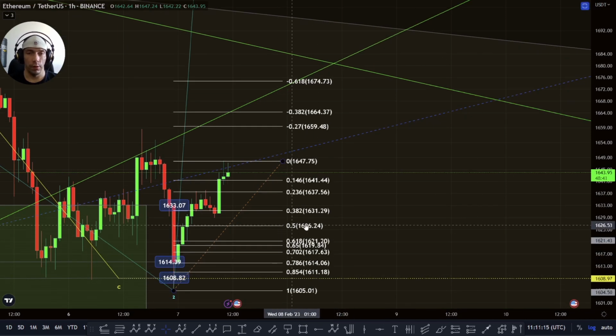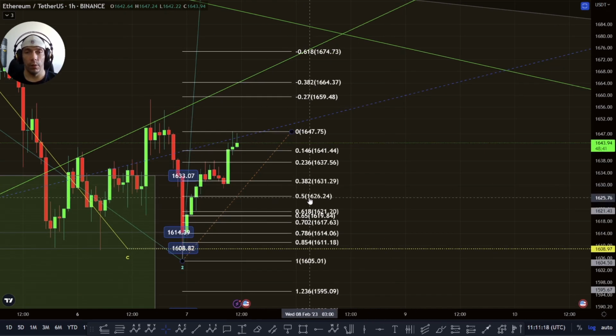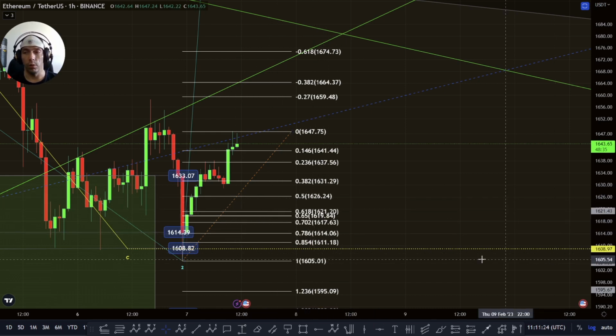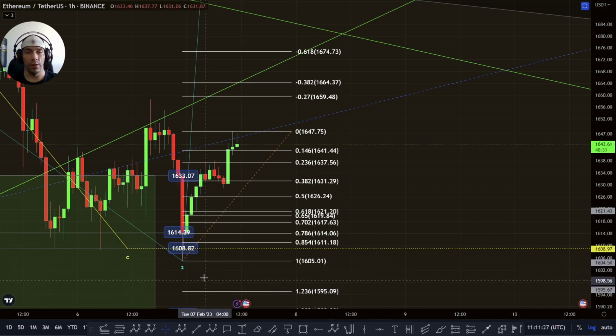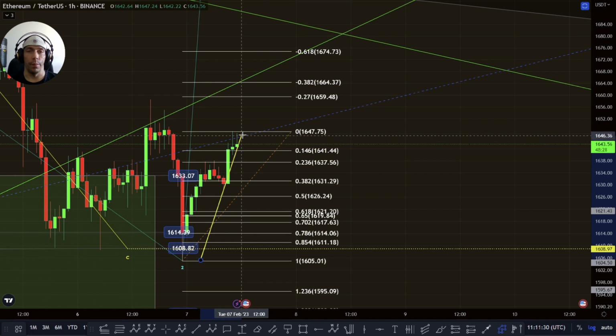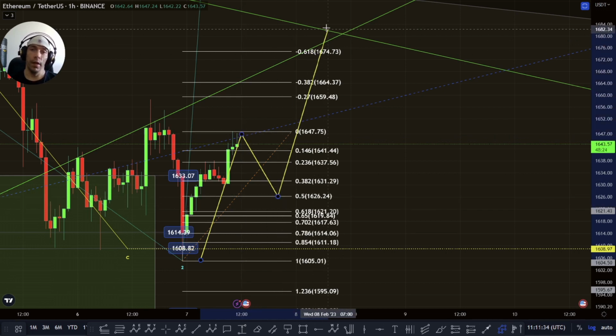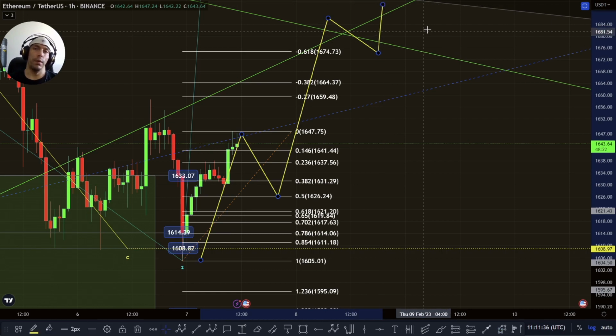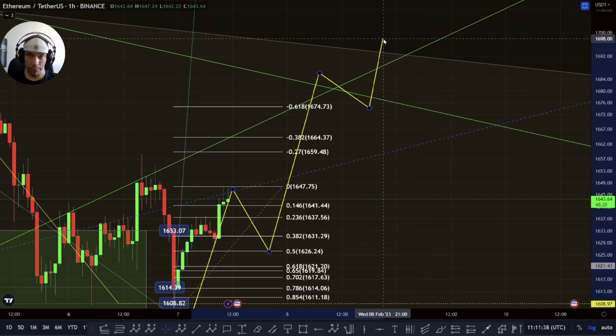So then what we'd want to see is a retracement down to this sort of 1628, 26 area to this 1614. That would be a zone we'd want to hold. We wouldn't want to drop back below this 1605. And then we'd want to see this move start to take some more impulsive moves here, where we come back down, potentially retest this area, and then look for this to develop as a bigger 5-wave structure.